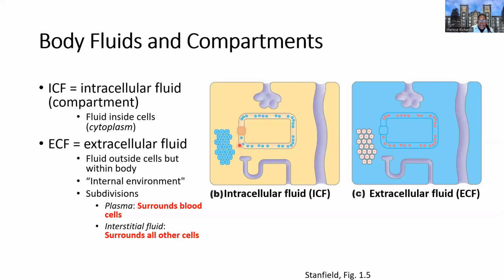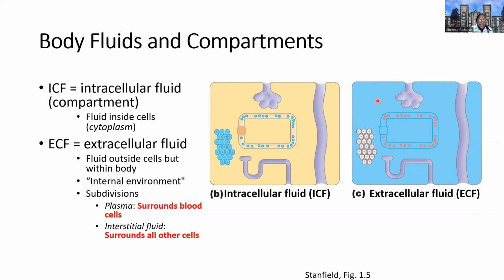Now we have the second extracellular fluid compartment, which is the interstitial fluid. So again, it's outside of your cells, and it is the second subcompartment of the extracellular fluid, but it's the fluid that surrounds your tissues, okay? So here's the extracellular fluid compartment, and the two subcompartments are the plasma, which is inside your blood vessels, and then your interstitial fluid, which is surrounding your tissues.